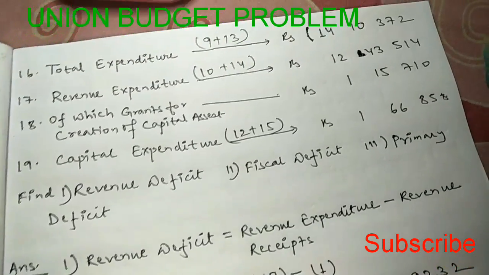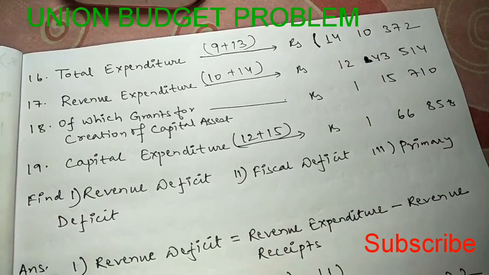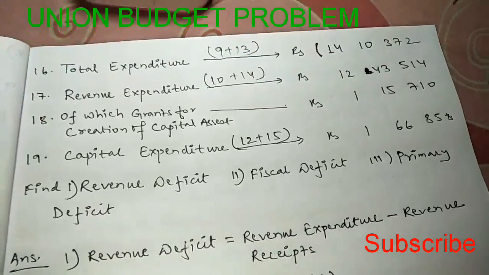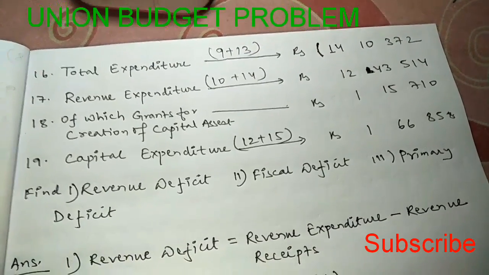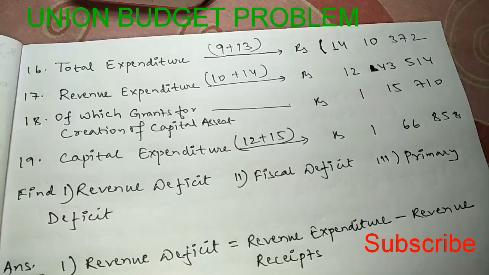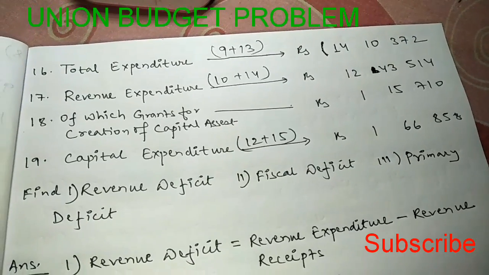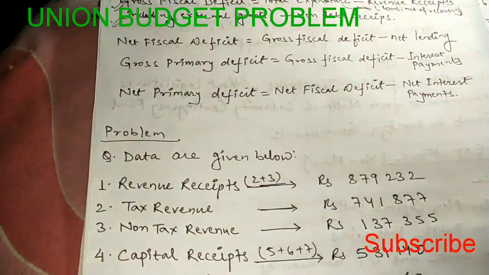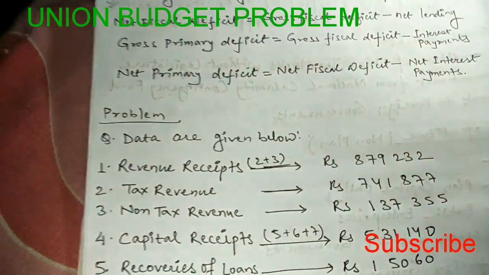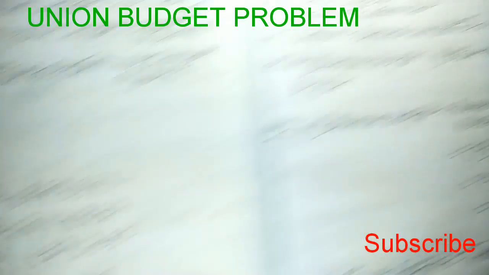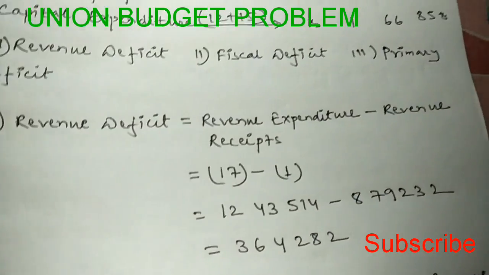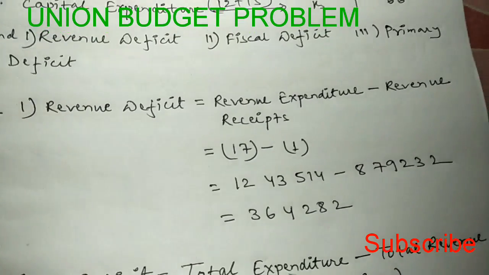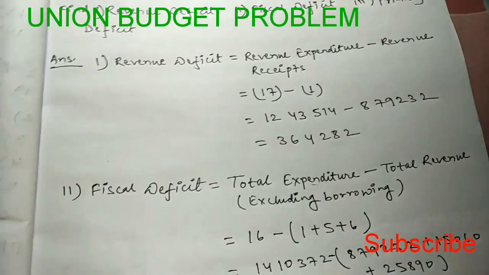Revenue expenditure is calculated from 10 plus 14, which is 12,43,514, and capital expenditure is calculated from the expenditure part, and revenue receipt will be calculated from the revenue receipt part. The revenue receipt is the total of tax revenue and non-tax revenue. That will be taken here, and after deducting you get 3,64,282.